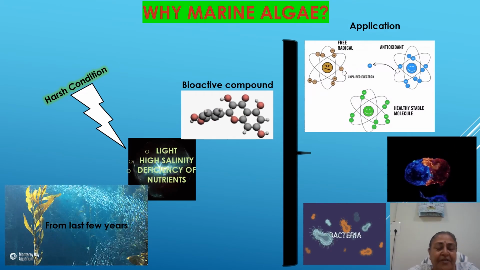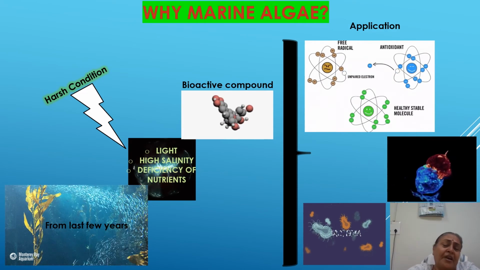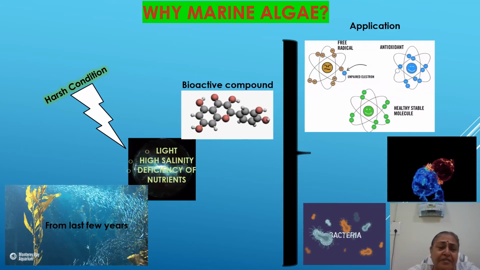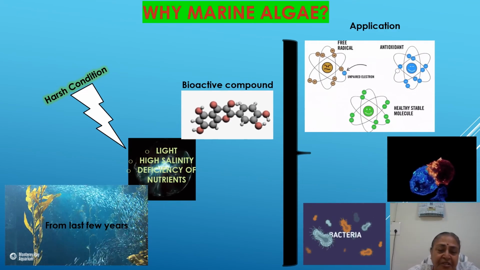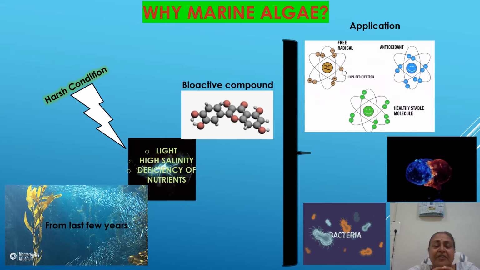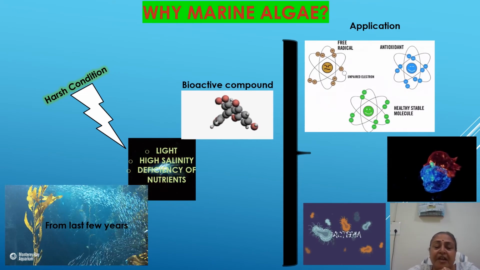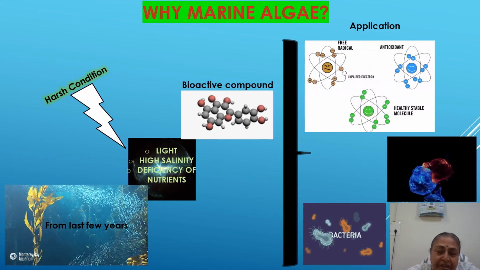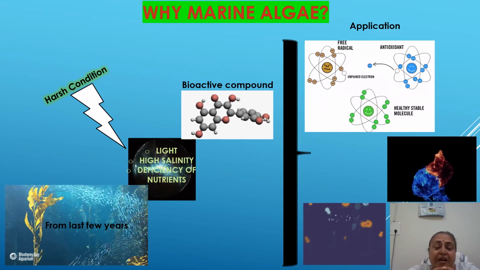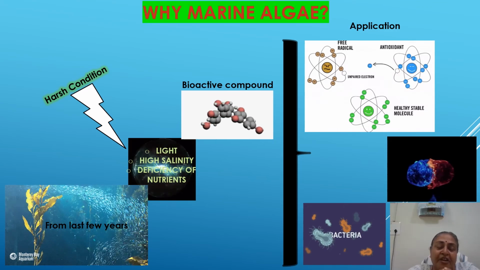The first thing is that these marine algae have an ability to face harsh conditions. They tolerate harsh conditions of light and high salinity. They even bear the deficiency of nutrients, and they bear toxicity levels up to an extent in their natural conditions.